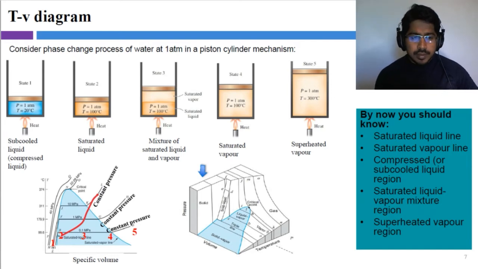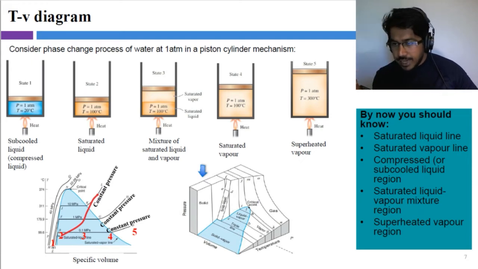We can mark processes where the temperature, pressure, or specific volume changes on any graph if we have sufficient information. So Alan, if we add more weight on the piston, then it will change the pressure that it operates at. Did I answer your question?